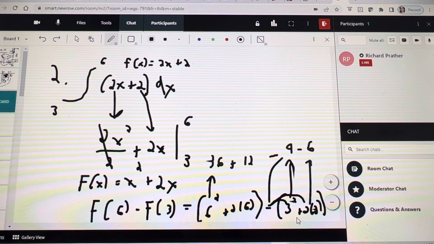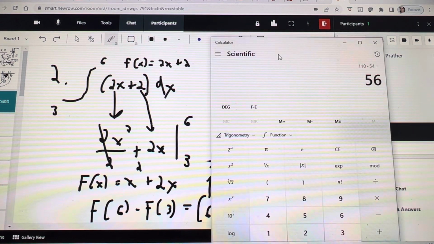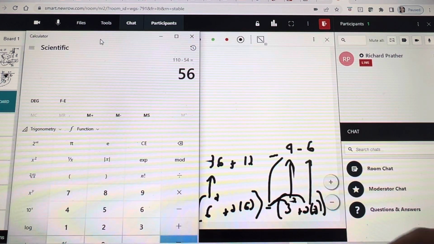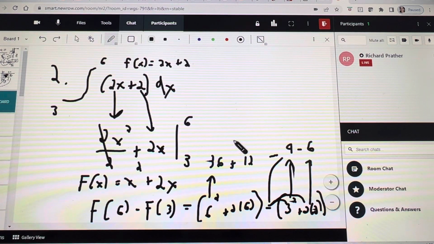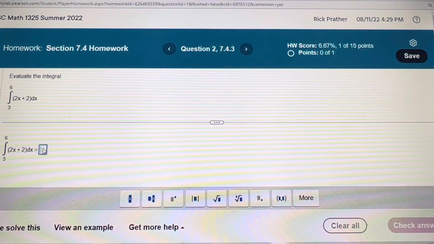Remember when we did that in limits too, how f of x plus h minus f of x all over h, all those switched inside to the opposite. So now it's just 36 plus 12 minus 9 minus 6. The total area is 33. And once you get that, you're done. You can just put that answer in, 33.